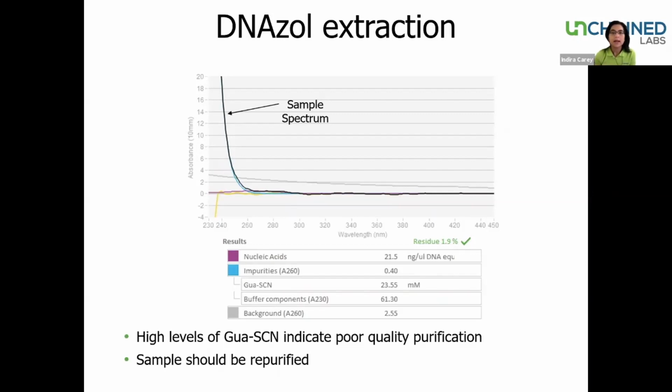Turbidity was quite high in this sample, but also note the high concentration of guanidine thiocyanate. Now this could have happened because the washes weren't effective to remove the salt, so this sample should likely be repurified or the purification repeated with new starting material.